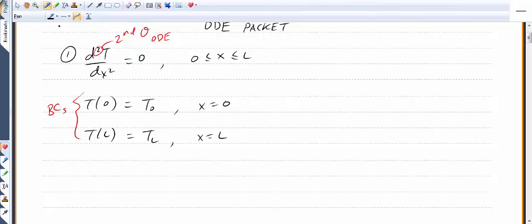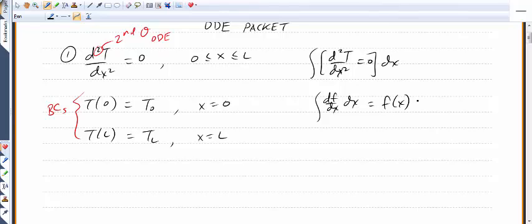So to solve this, we're going to start with the original ODE, d squared T dx squared is equal to 0. We're going to integrate this with respect to x. We're going to use a well-known theorem of calculus, where if you have a function f of x, and we integrate the derivative of that, it's equal to f of x plus some constant.